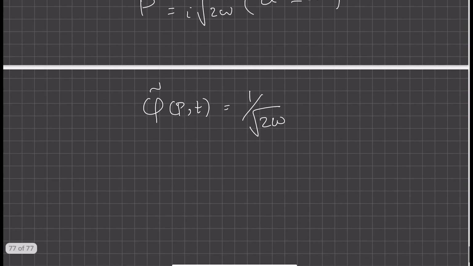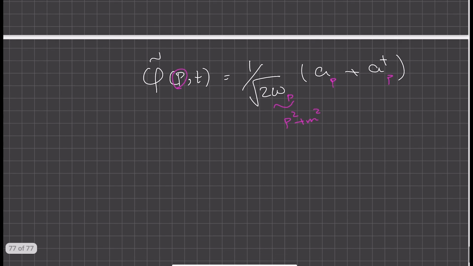It was just one variable. But now this phi tilde is a function of p. I should have this index p down here, and then I can have again a plus a dagger, but with this index p. So now I'm talking about creation of a particle with momentum p and an annihilation of the particle with momentum p, with the characteristic frequency of p squared plus m squared. So it depends on the mass of the particle.